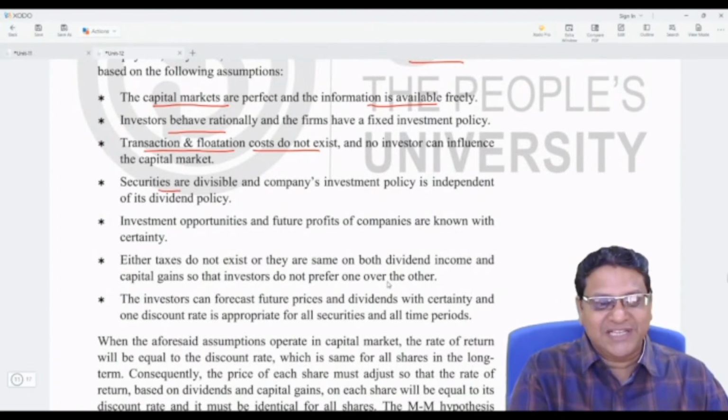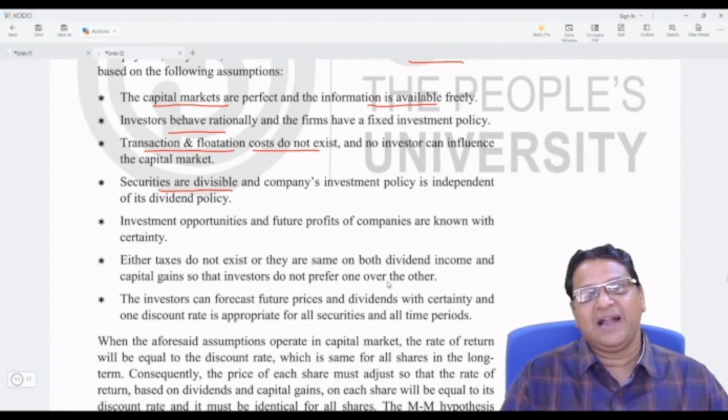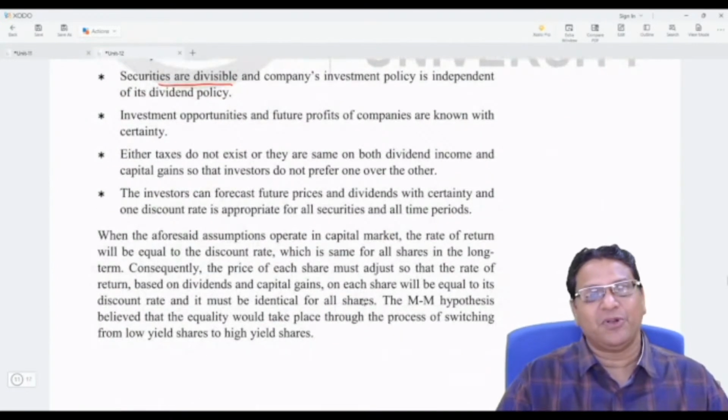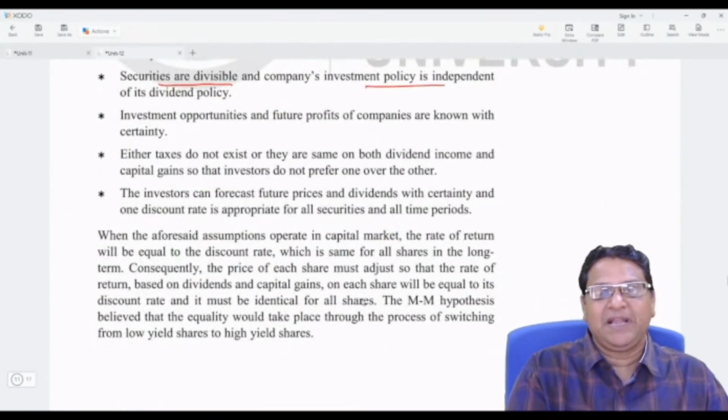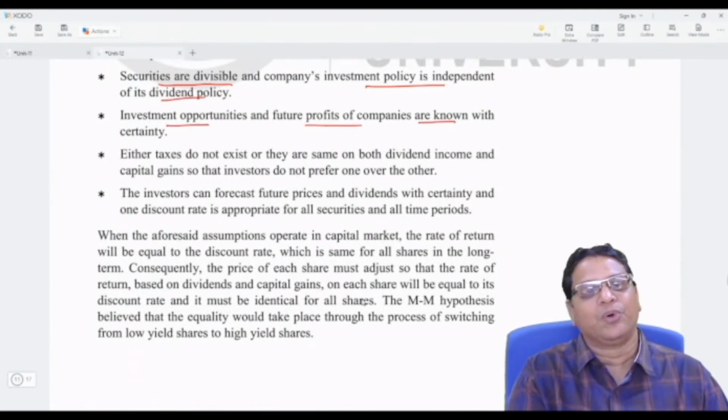Securities are divisible. That means you can buy half share, 1.5 share, 1.2 share, which is practically not possible. But their assumption is securities are divisible, and the company's investment policy is independent of dividend policy. Investment opportunities and future profit of the company are known.